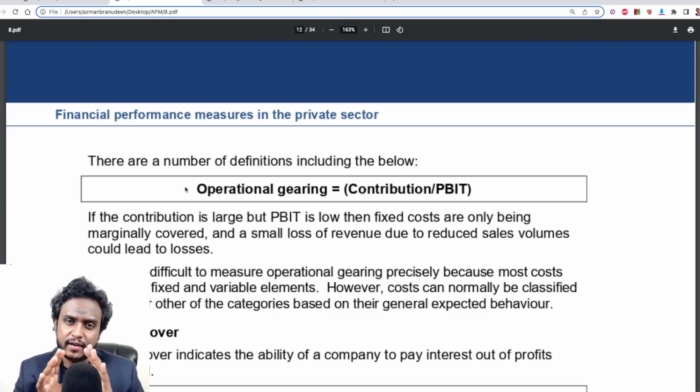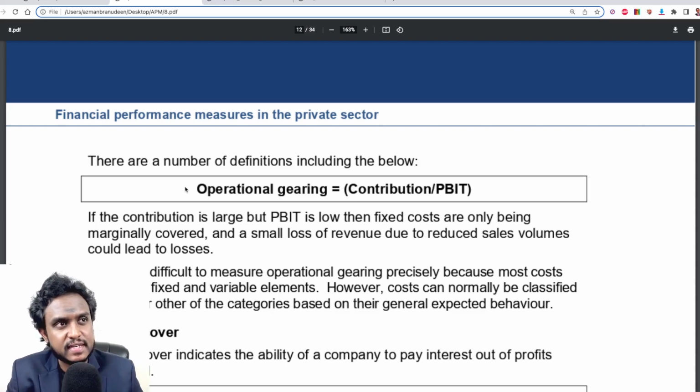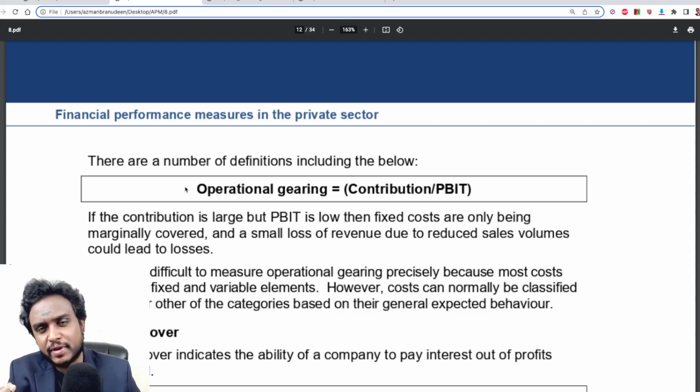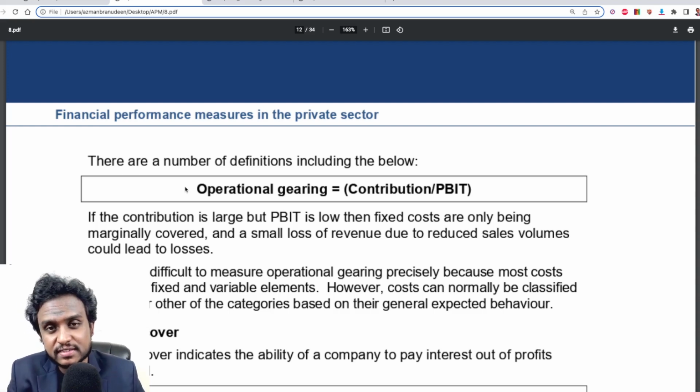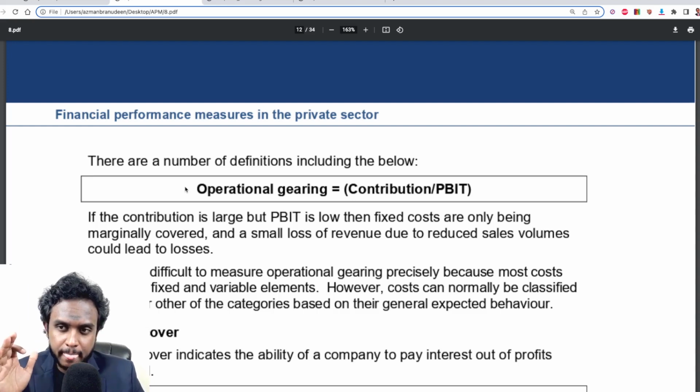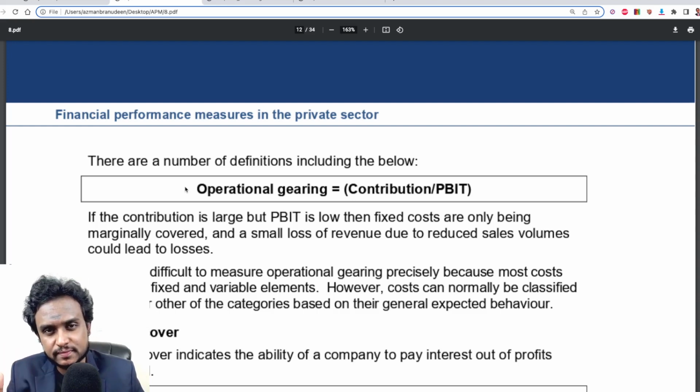However, in contrast, what you have to try and do is make sure that your PBIT, profit before interest and tax, is as high as possible. That is the contribution after operational costs, right?